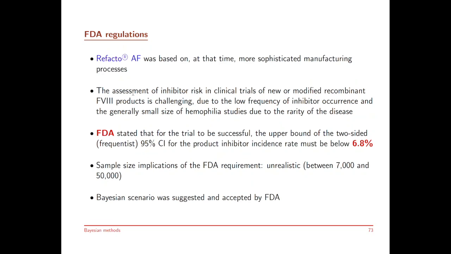Now, the FDA stated that for the trial to be successful, the upper bound of the two-sided frequentist 95% confidence interval for the product inhibitor incidence must be below 6.8%. Sample size calculations revealed that the requirement of FDA was unrealistic. They needed between 7,000 and 50,000. So the company suggested a Bayesian scenario, and that was accepted by FDA.